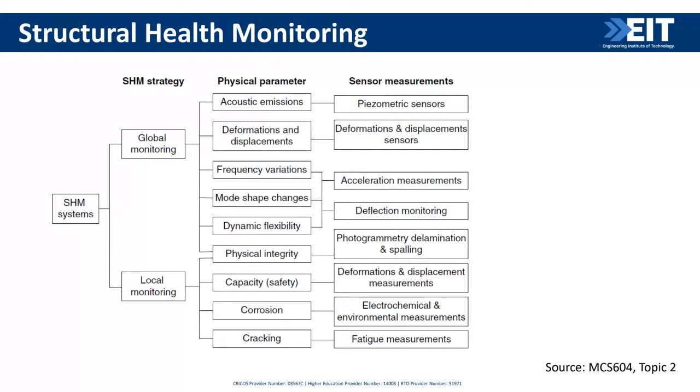We can have deformations and displacements, frequency variations, dynamic flexibility. In terms of local monitoring, the main difference from global is that for global we need the entirety, to have a whole idea of the parts of the structure, right?